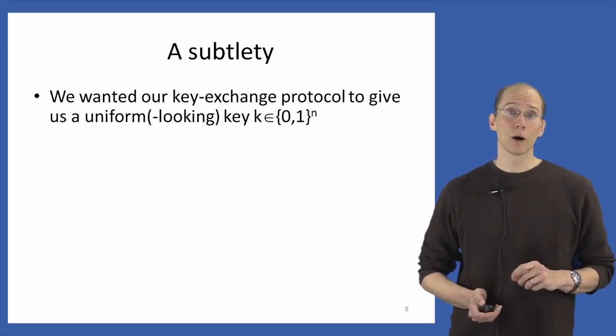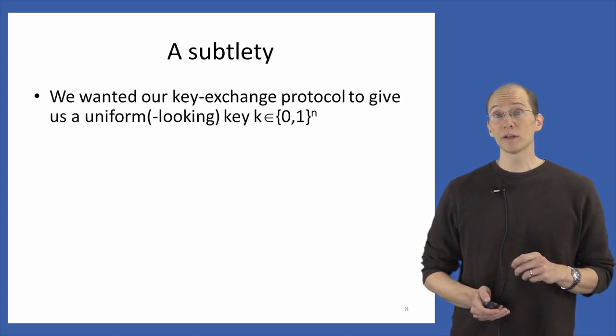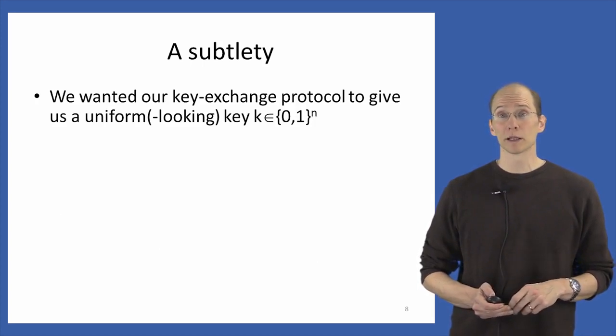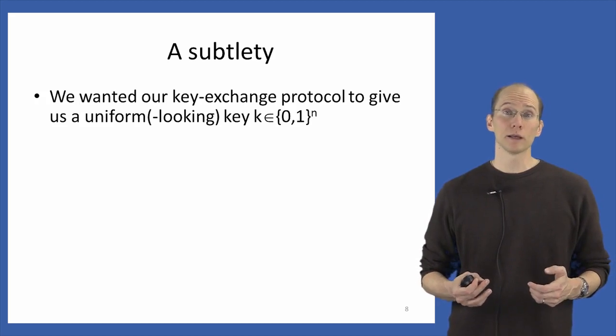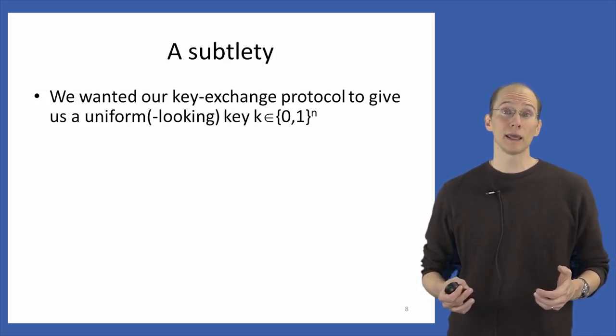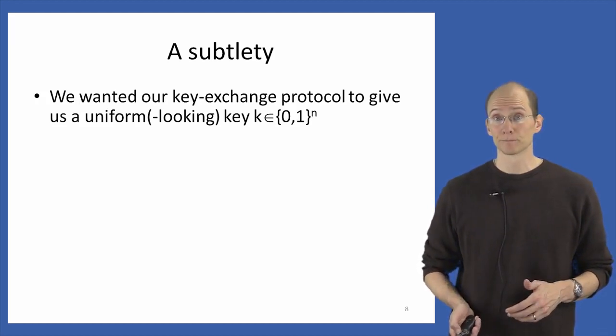Now, one subtlety I want to point out, and some of you may already have picked up on this, is that when we defined key exchange protocols originally, we defined them so as to output for each party a uniform-looking key of length n. That is, the key should be indistinguishable from a uniform n-bit string.